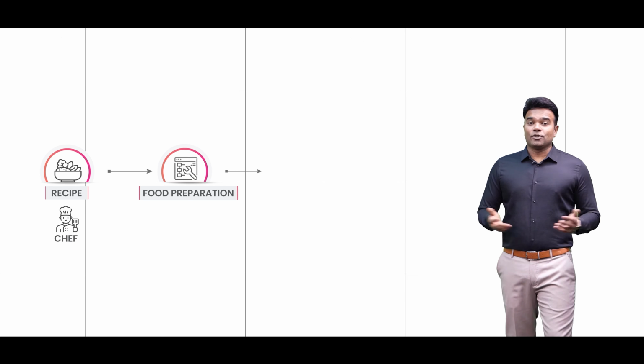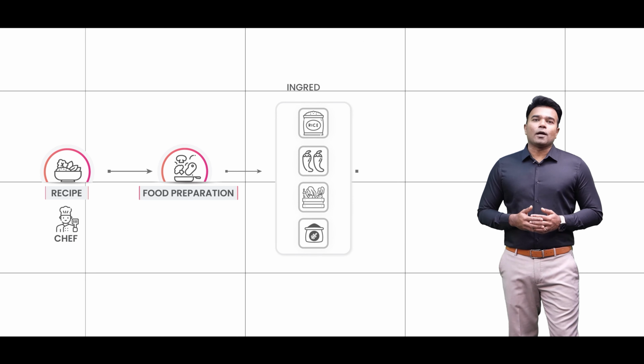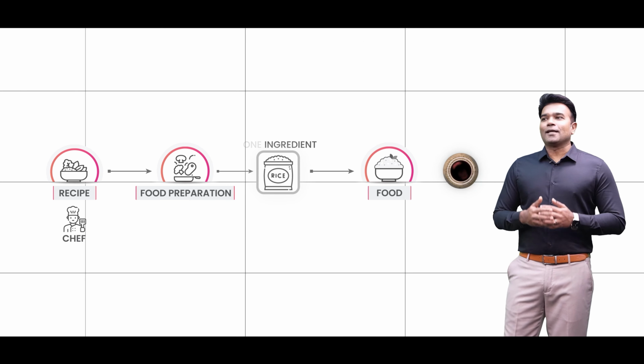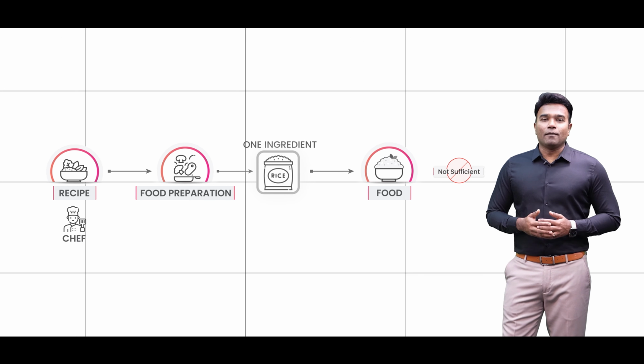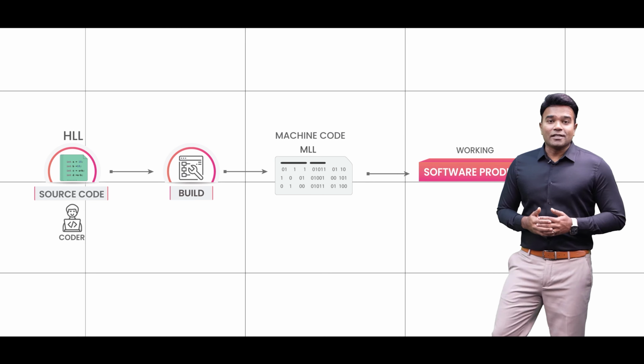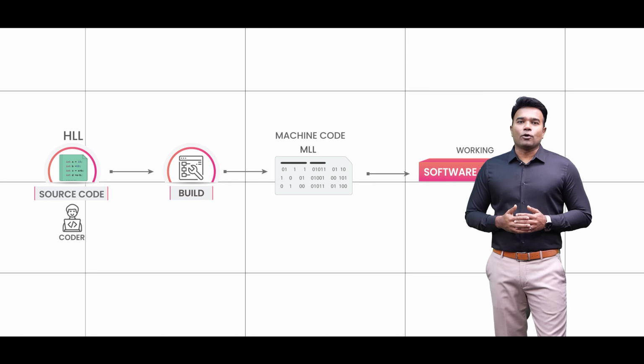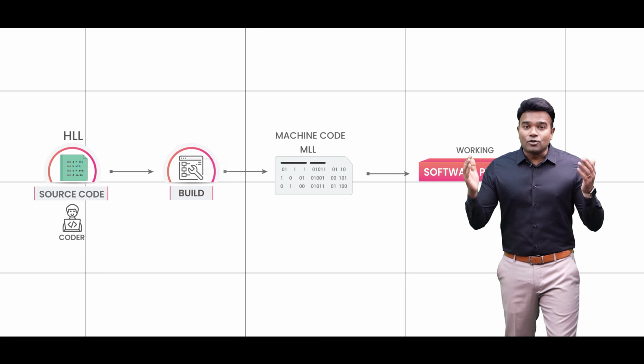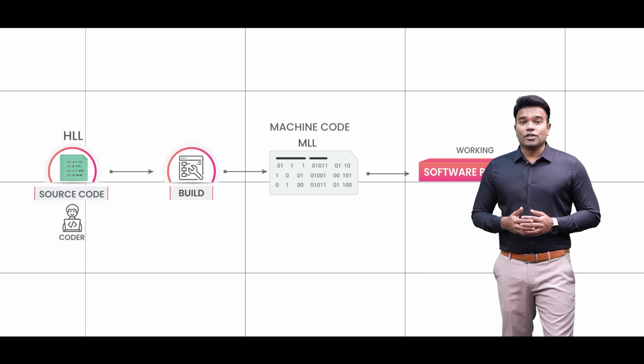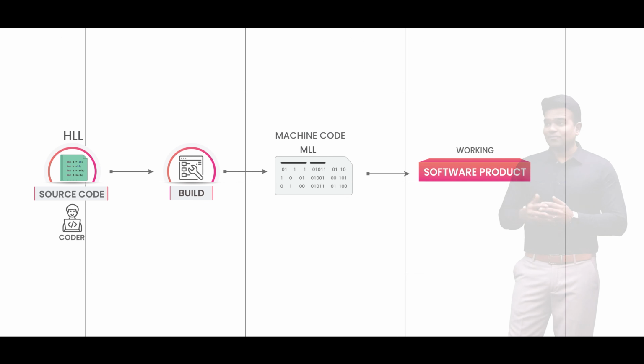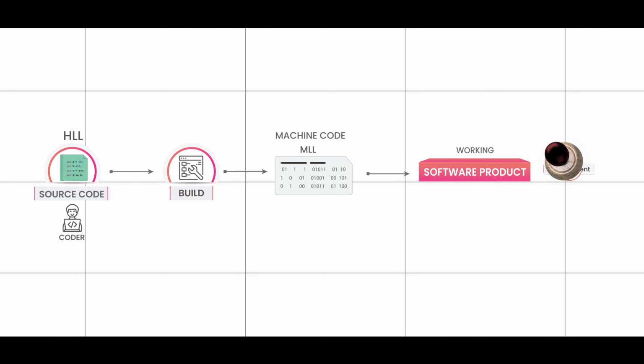You know that if you really have to cook a recipe, you cannot be making that recipe out of a single ingredient. That way, the most important ingredient in this recipe of the build shall be the source code which would have got transformed into the machine code, but only the machine code that has been obtained in this build process would not be sufficient for the program to be complete by itself.